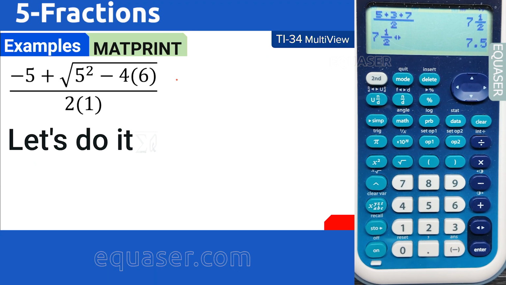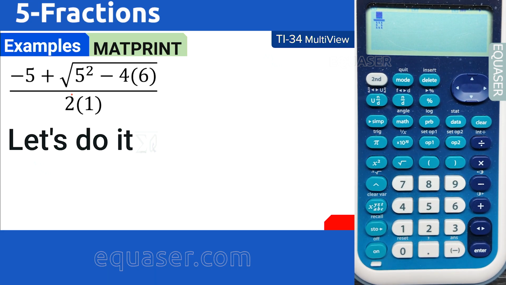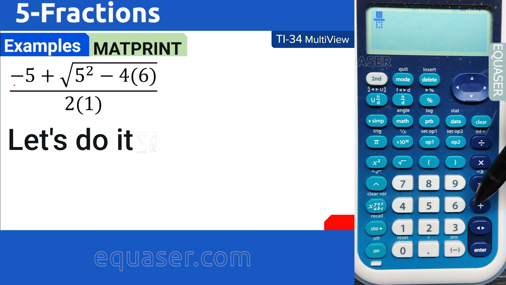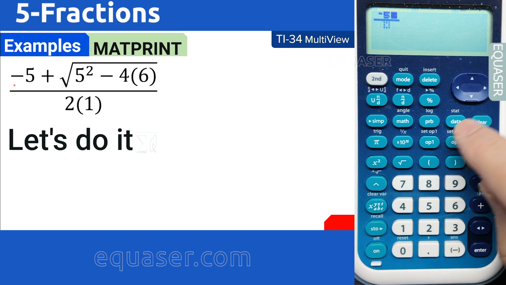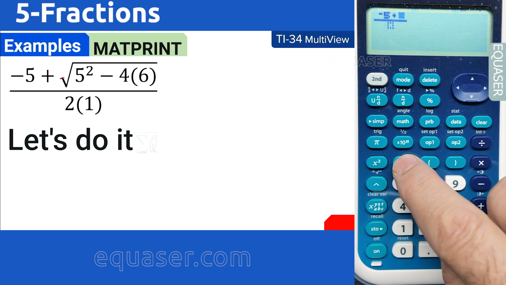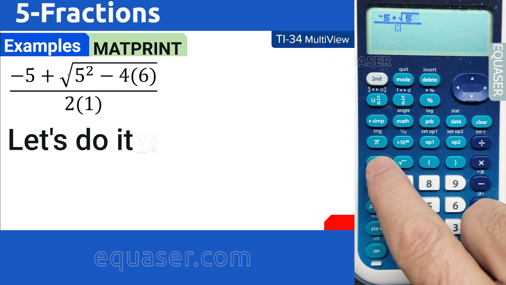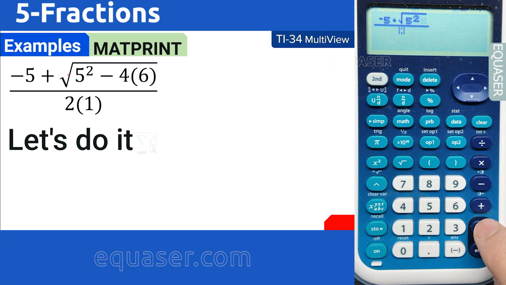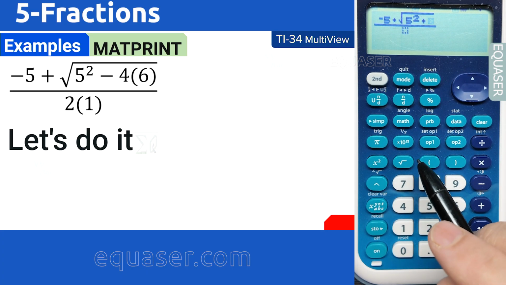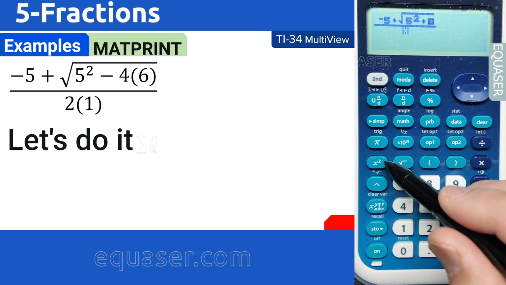Now let's try to do this. Clear, fraction, -5, and then plus, and then square root, 5 squared, we press this squared, plus. The beauty of this button is that you don't need to press anything to exit from the power.